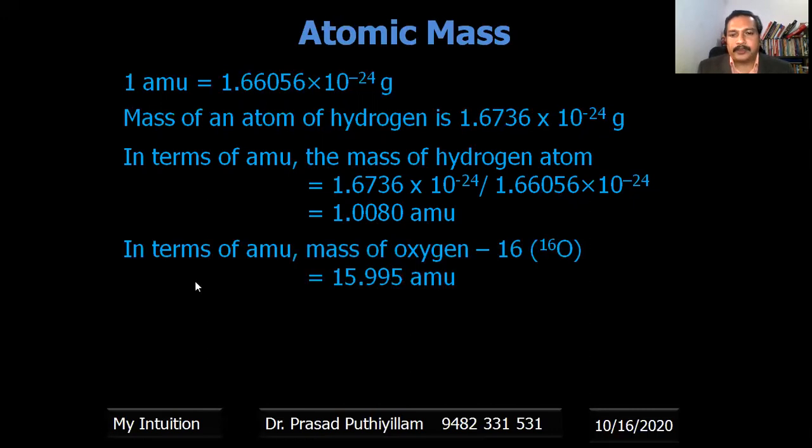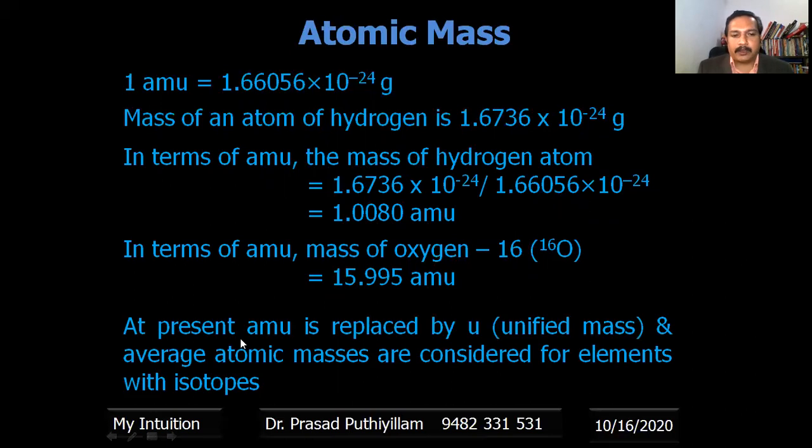In terms of AMU, the mass of oxygen-16, the isotope of oxygen, is 15.995 AMU. Even this atomic mass unit is getting replaced by u, the unified mass, and the atomic masses are calculated as average atomic mass if the element has isotopes.